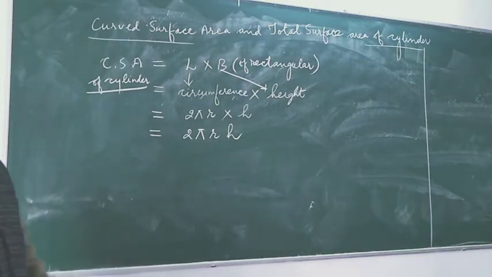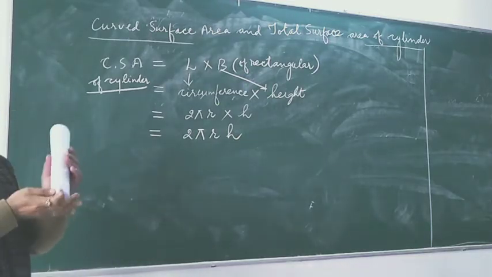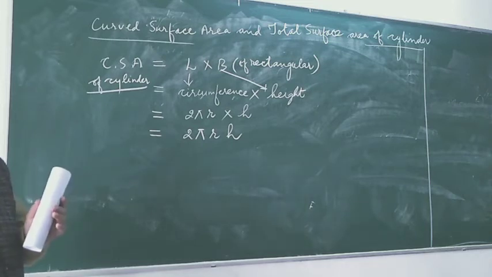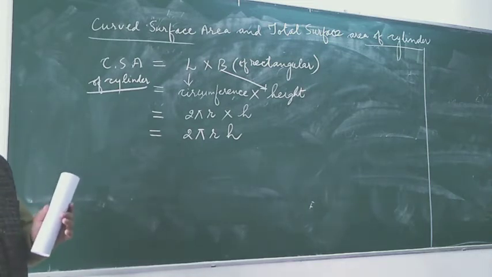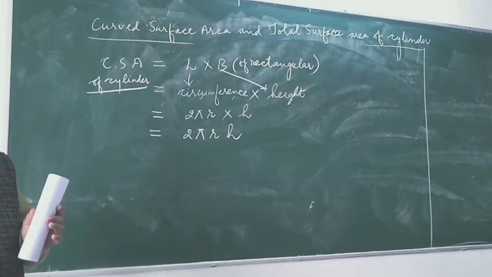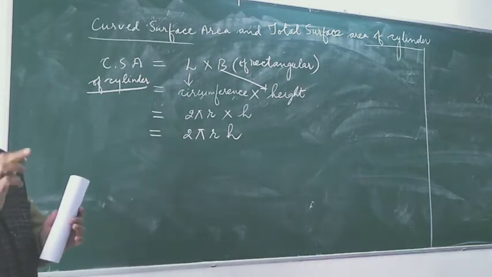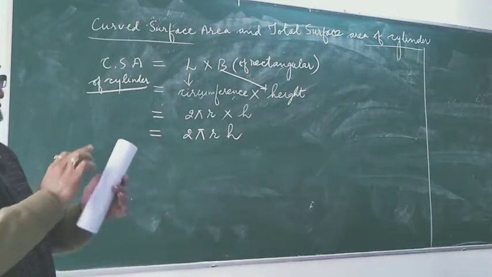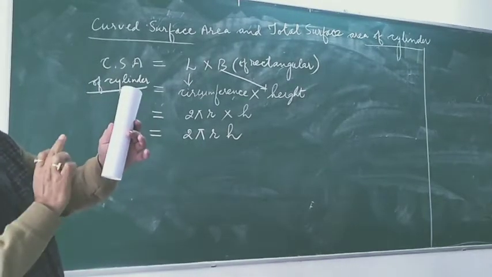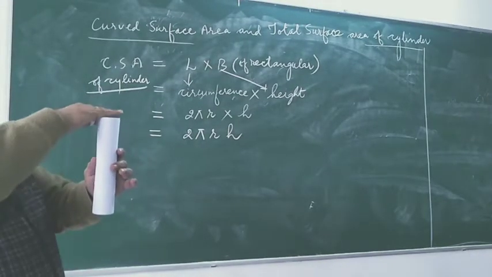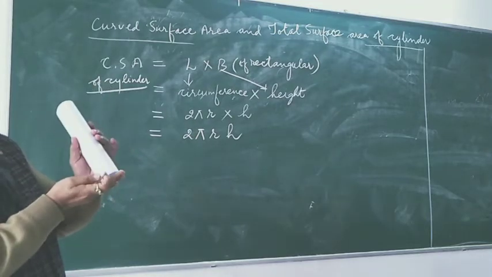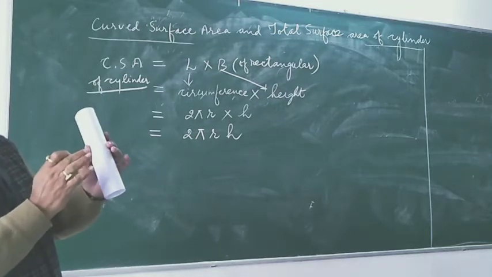Yes, sir. Now suppose top and bottom both are closed and we have to find out the total surface area. What is required? This one is only the curved surface area, and now top is blocked, bottom is also blocked. So what will be there?